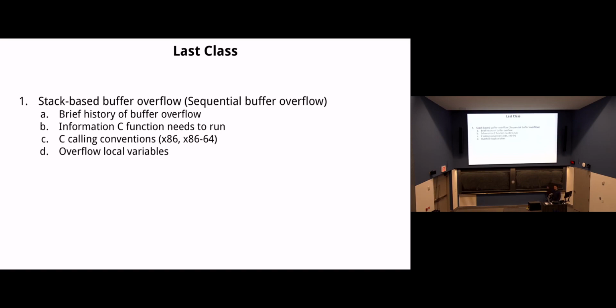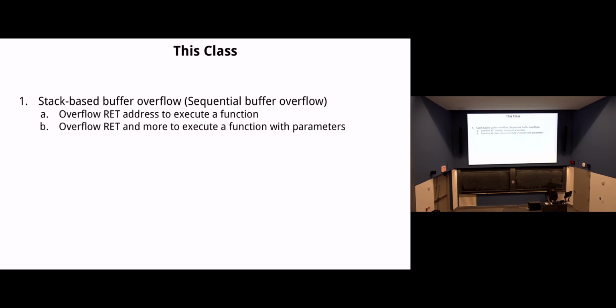If there are more parameters, we use the stack. We talked about how to overflow local variables. Today, in the in-class exercise, there will be a lot of challenges for you to overflow local variables, but it will be a little bit more complicated.